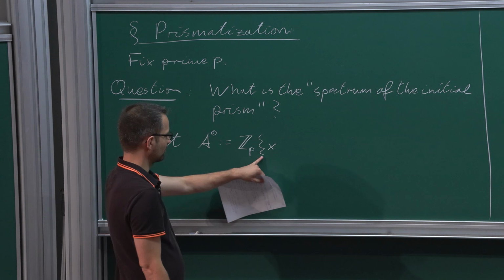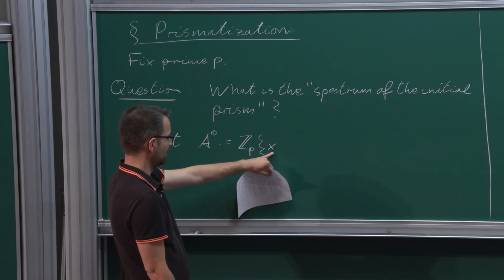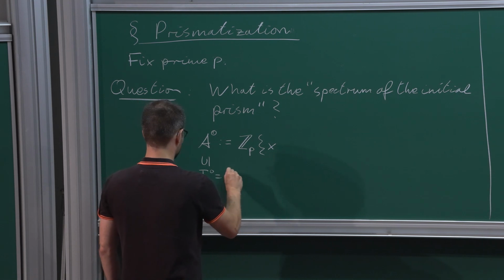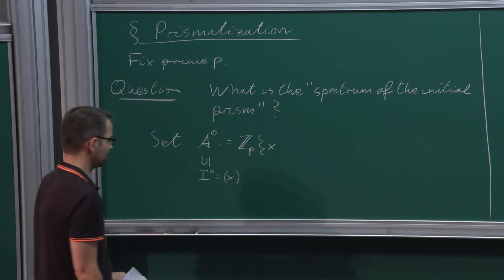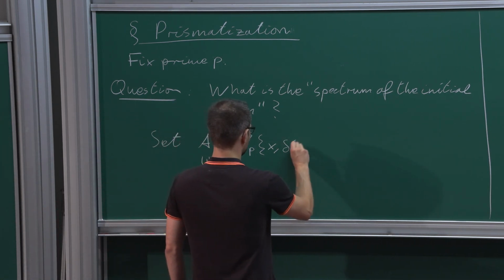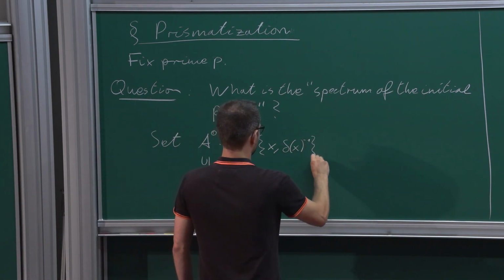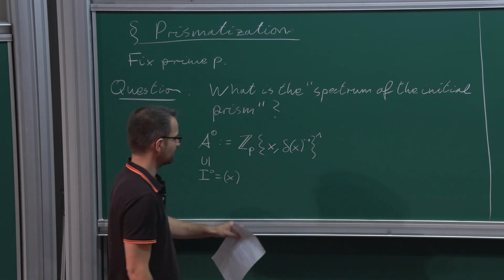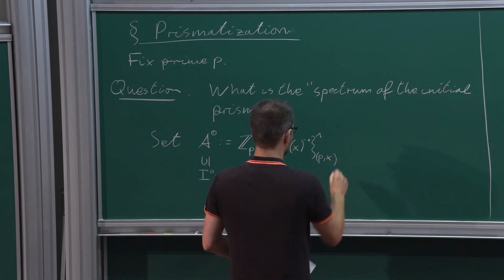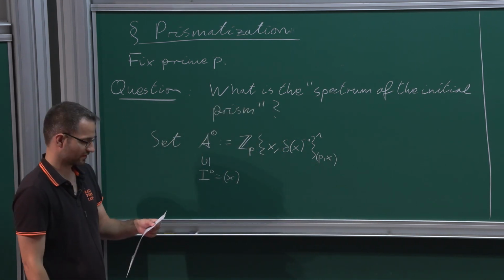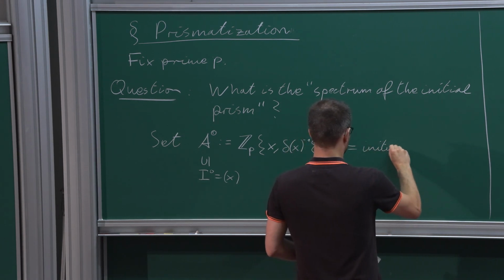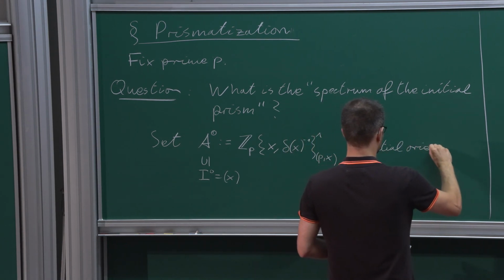So we have to consider the free delta ring on some element x, and this x should generate the prismatic ideal. But then we should also invert the element delta of x. Okay, and then we should also (p,x)-adically complete this ring. So this is the initial oriented prism.